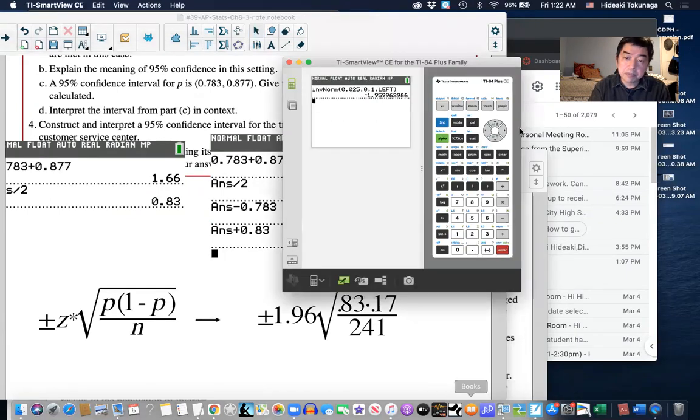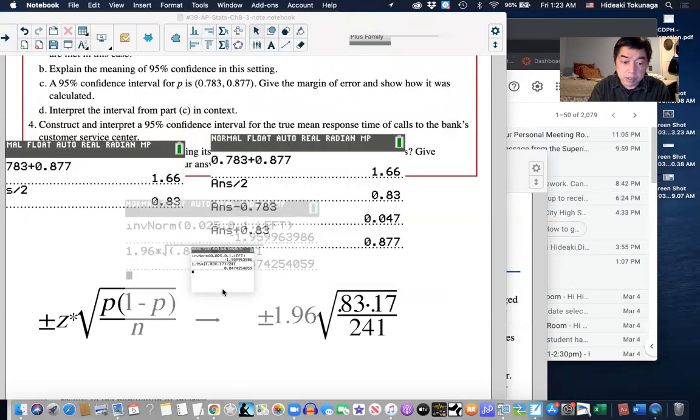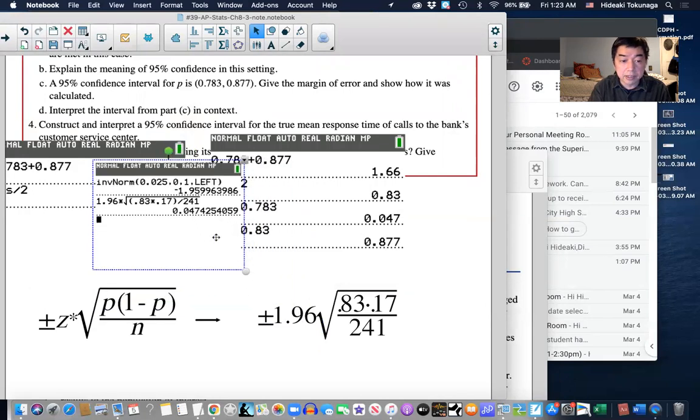So 1.96 times the square root of, in parentheses, 0.83 times 0.17, close the bracket, divided by 241. Enter. 0.047, look, so this number matches.